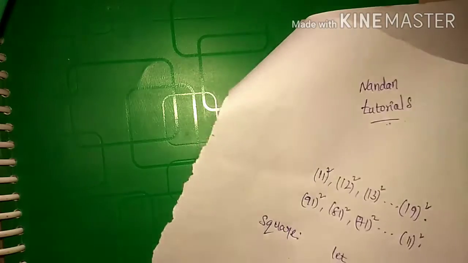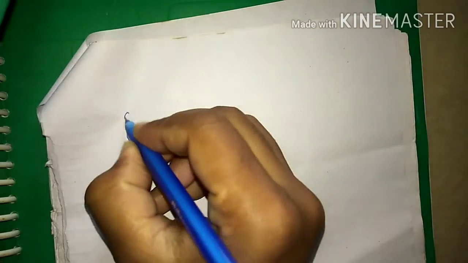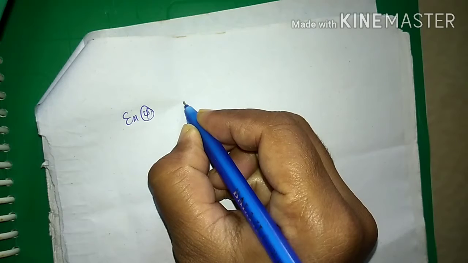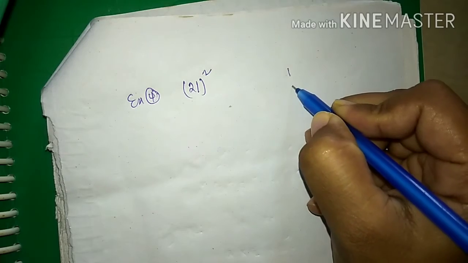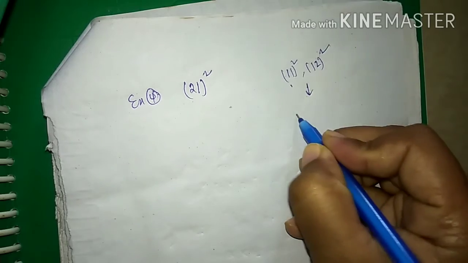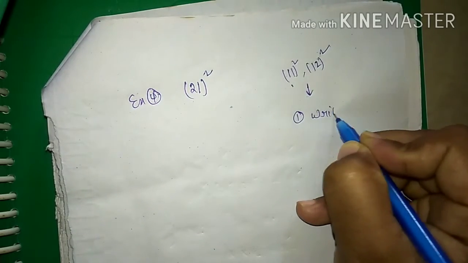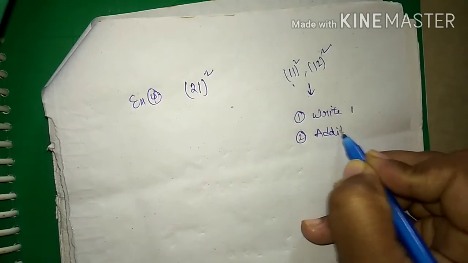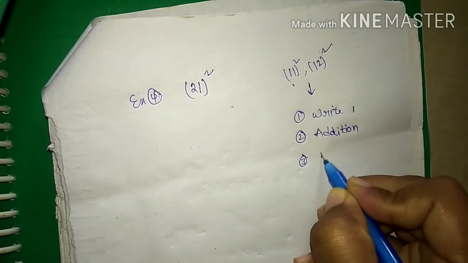And let me take another number which ends with 1. Let me take example number 4, let it be 21 whole square. For the number that starts with 1, like 11 square or 12 square, the steps are: first step we write 1, second step is addition, and third step is multiplication.